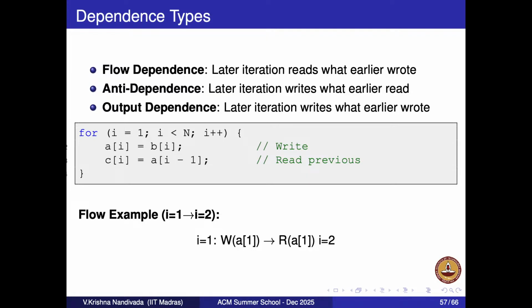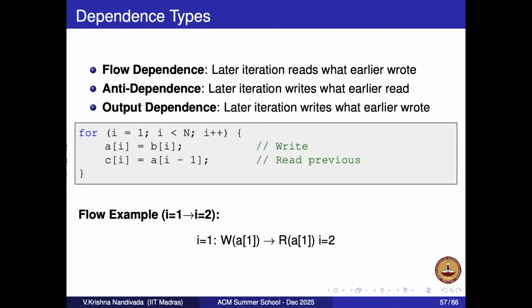What I am saying is, if I am reading in a certain iteration, in the previous iteration I am writing it. So in iteration S2, this is a flow dependence.